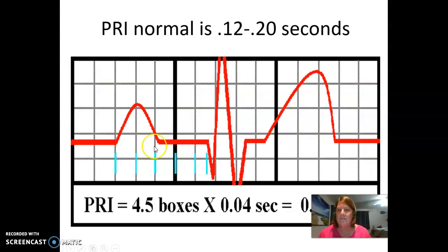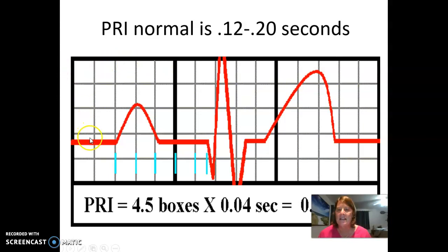So our PR interval is from the beginning of the P wave to the beginning of our QRS complex. On ECG paper, and ECG paper is standardized, each big box is 0.2 seconds of time, 0.2 or 0.20, however you want to look at it.